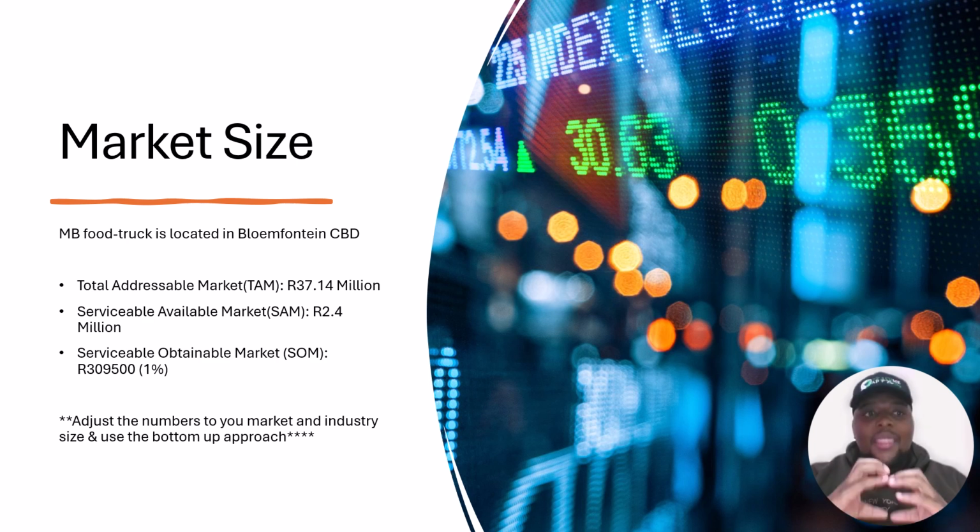That will give you the total addressable market. Then you check, let's say you're located next to a gate, how many kids walk past here every day. That is your serviceable available market, and how many students interact with you when you are there. That is your serviceable obtainable market. You understand? So you can adjust it however works for you.